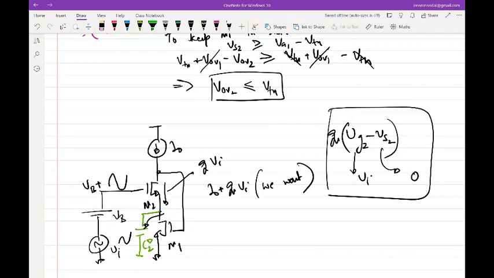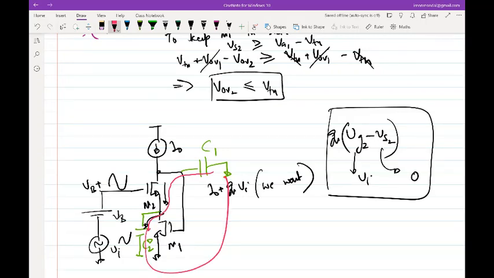So I have to give it some path to flow in. How can I give a path for it to flow in? I can again connect a capacitor, and the initial solution will do. If I take a capacitor to ground, the incremental current will flow into it, and the ground is connected.